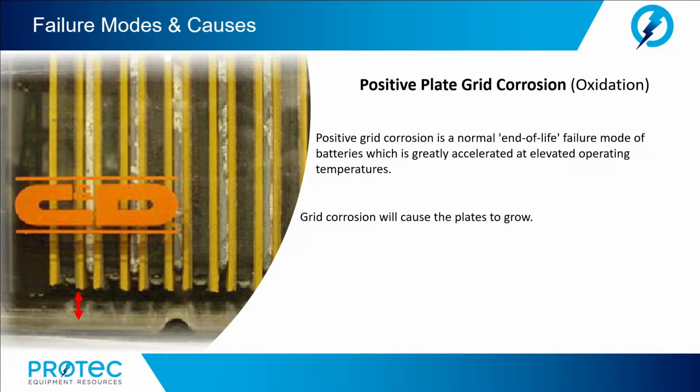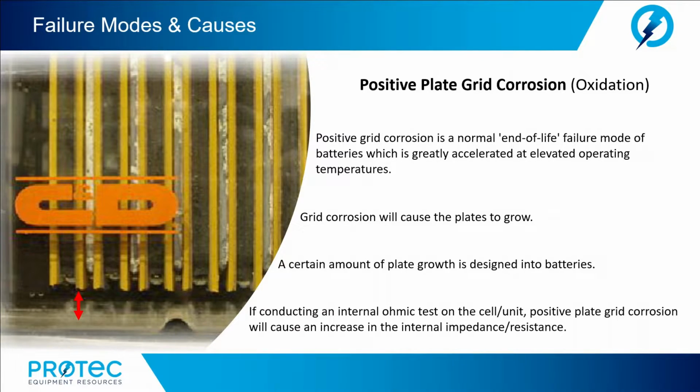Grid corrosion will cause the plates to grow. Now, a certain amount of plate growth is designed into batteries and into battery containers or jars.